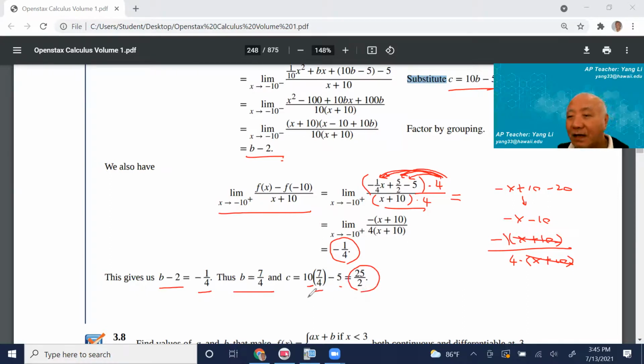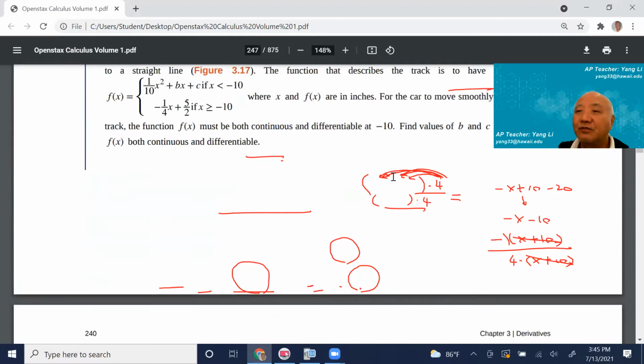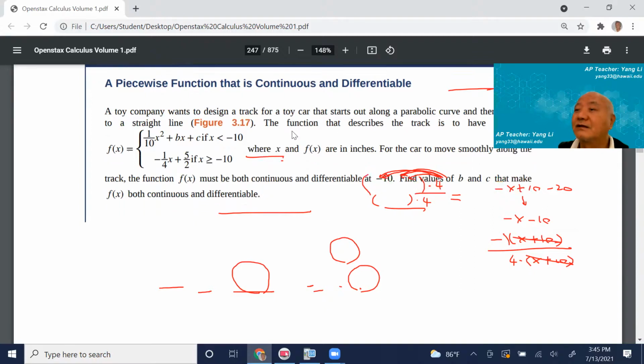So as long as c equals 25/2 and b equals 7/4, the piecewise function should always be continuous and differentiable, even at x equals negative 10, right?